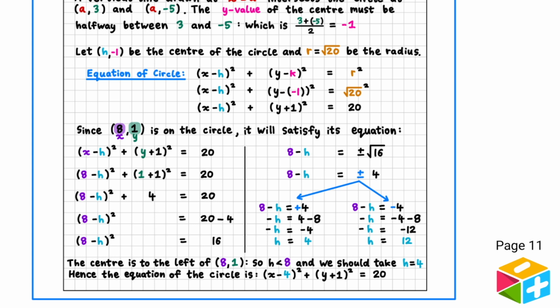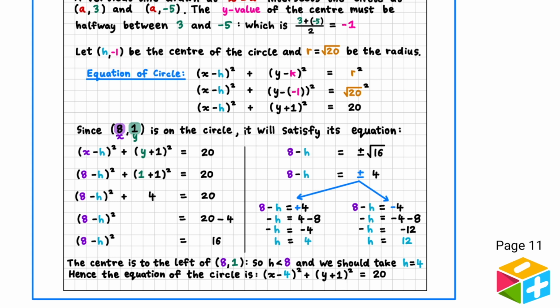This means that the coordinates of the centre are in the form h, minus 1 for some unknown value of h. The radius, r, was given to us directly. r is equal to root 20. We were asked to find the equation of the circle.